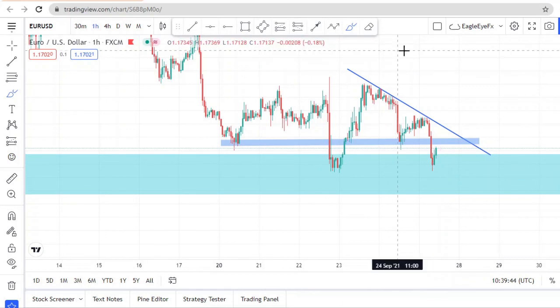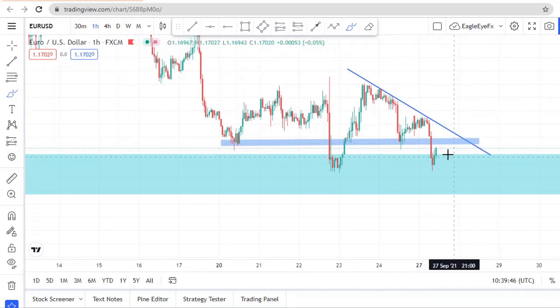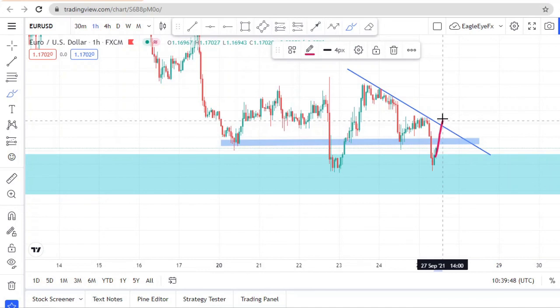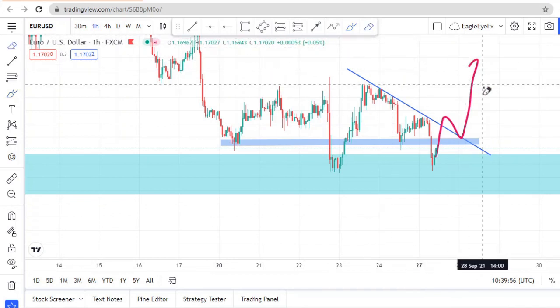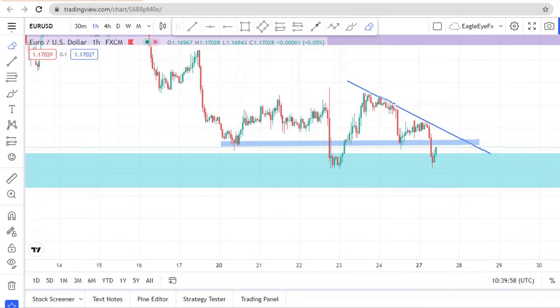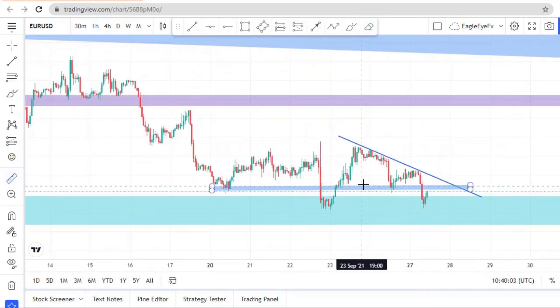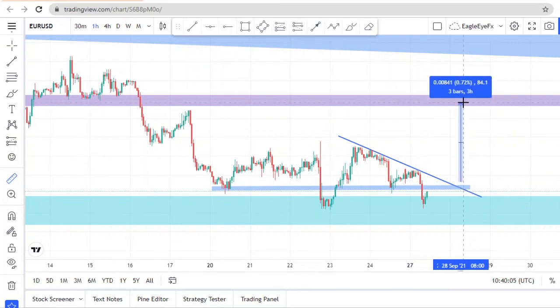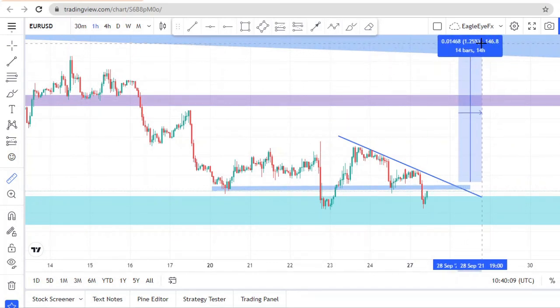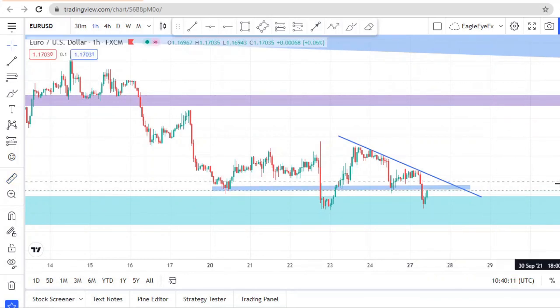That's why I'm saying that if you need more confirmation of the buys, then wait for a break and a retest before you look for your buying opportunities. That is what I will do personally, and based on that, I can catch this move of around 90 pips, or a general move of around almost 150 pips.